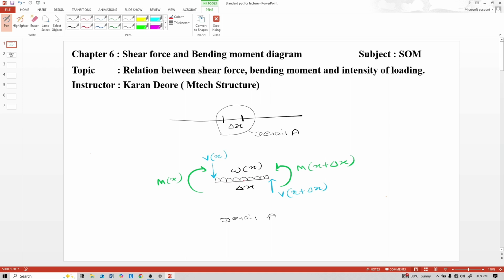And if we take moment here at the center, let's assume this as point O, that means this W of x delta x gets cancelled because this is in equilibrium. The only forces that act are this V of x plus delta x, and this M of x and M of x plus delta x.